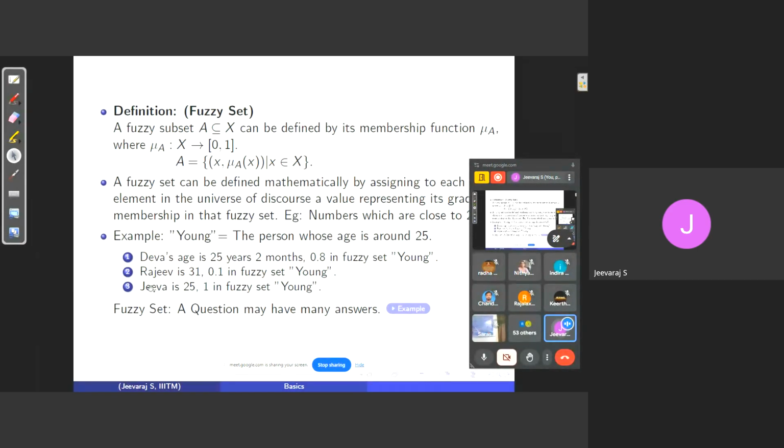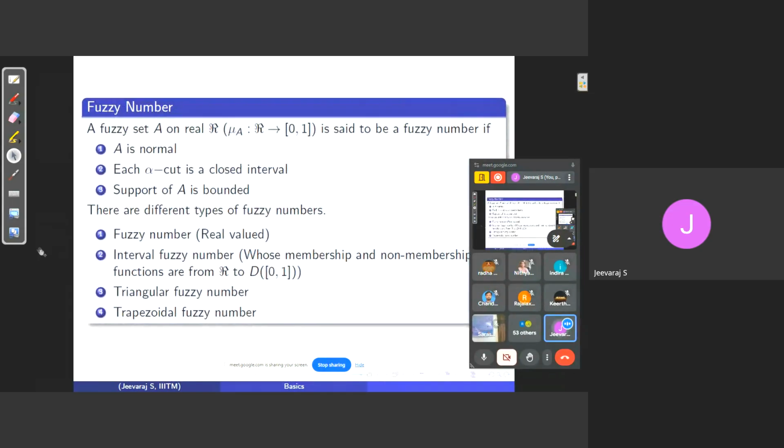At least one element in that fuzzy set should satisfy the condition of being in the set about 100%. Here Jiva is an element of the fuzzy set of young people. This element Jiva is satisfying the condition of being in the set young about 100%. So this is the meaning of normal. A fuzzy set is said to be normal if at least one element in that fuzzy set has the membership grade, membership value, 1.